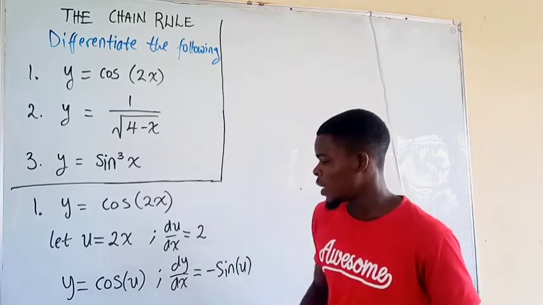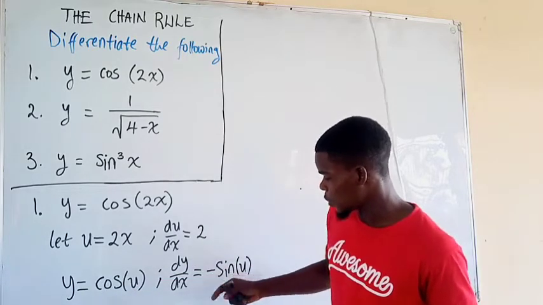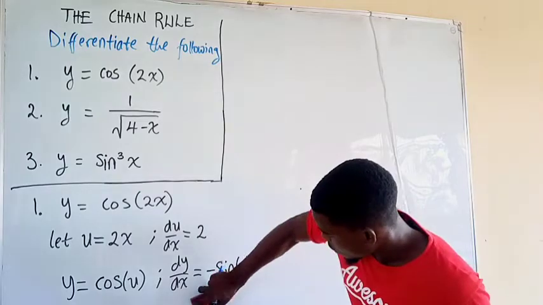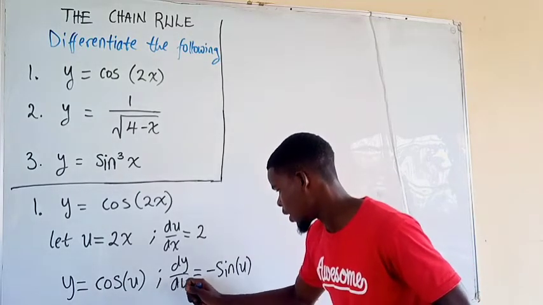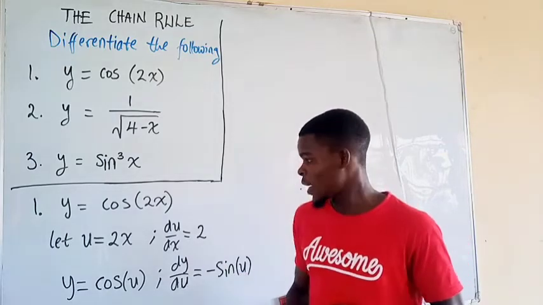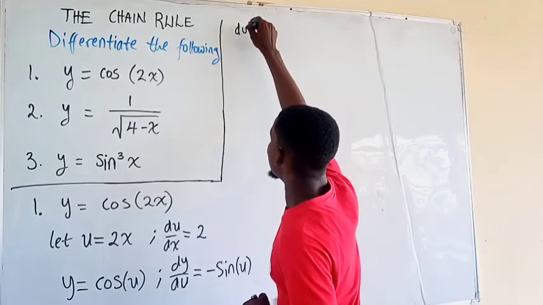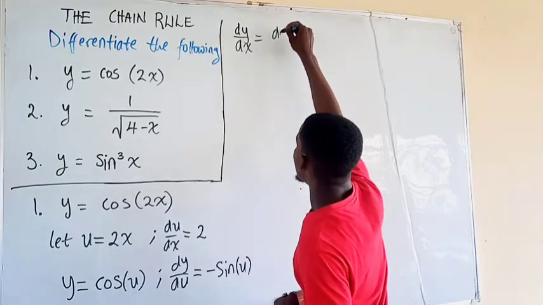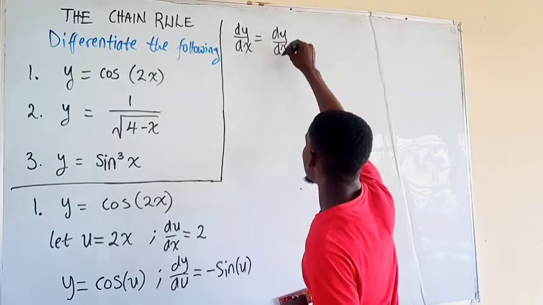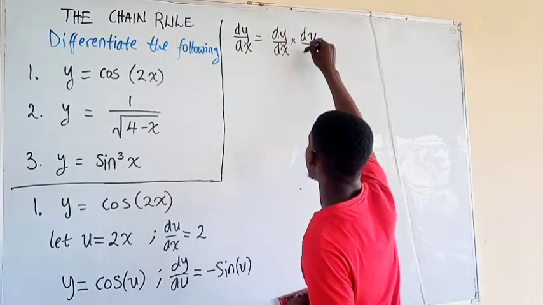Good. And now we've gotten the derivative of y with respect to u, and then the derivative of u with respect to x. We can now apply the chain rule, which tells us that dy/dx will become dy/du times du/dx.